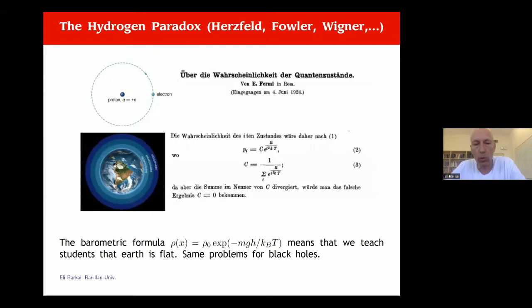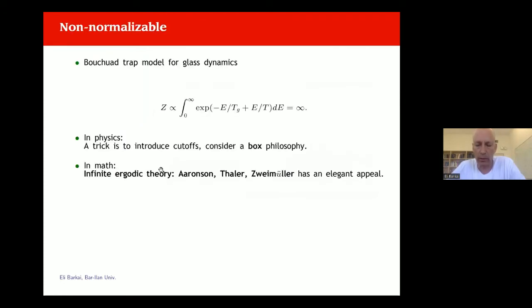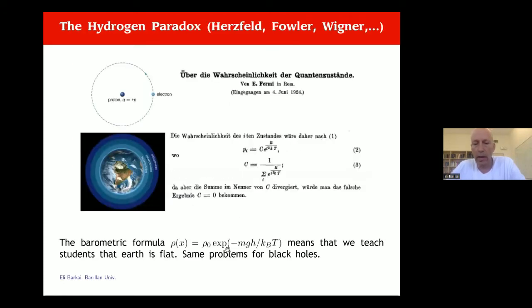And the same is true if you think about Earth, and if you think this is a thermal system, then everyone in high school maybe has been taught that the density of particles above the surface of Earth is decaying exponentially.